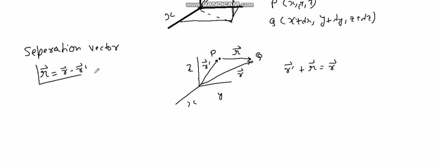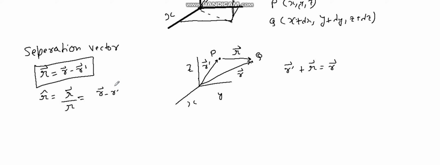So this is the separation vector. The unit vector in that direction is R cap, which is the R vector divided by the magnitude of R, which is written as R minus R prime divided by the magnitude of R minus R prime.